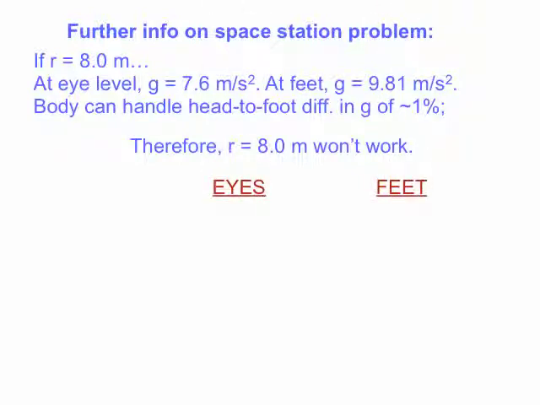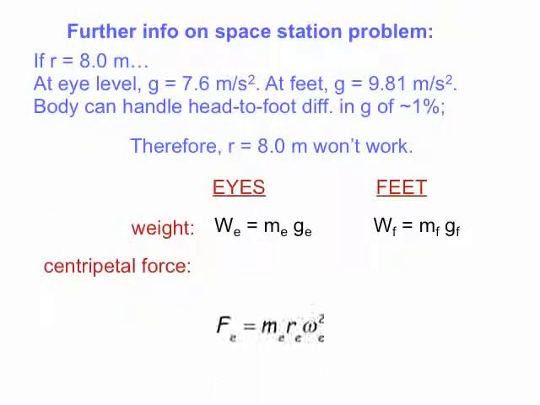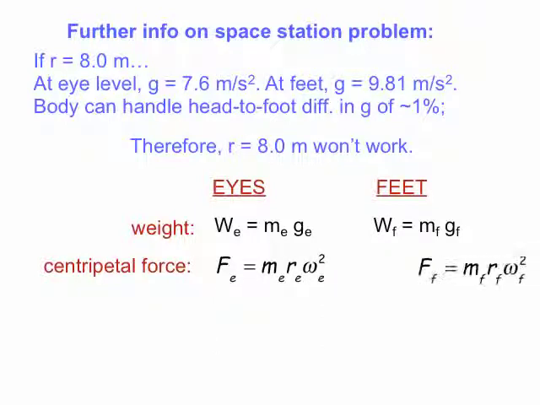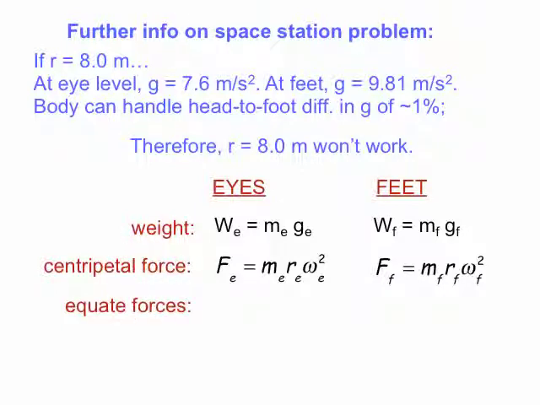So let's see what we can do. Again, let's look at weight. Right? We had centripetal force. So let's take these equations and equate them all on both sides. What does that mean? We get rid of our masses.